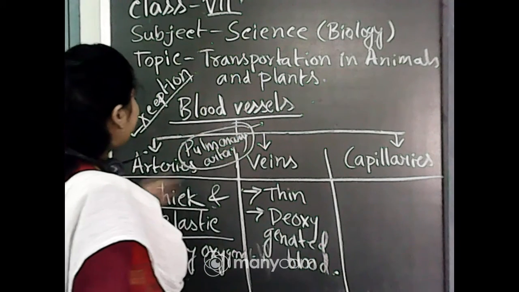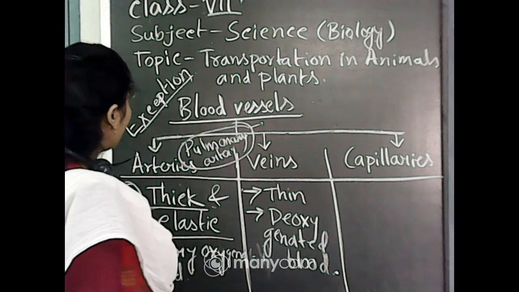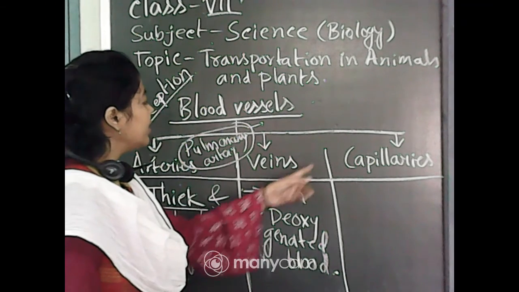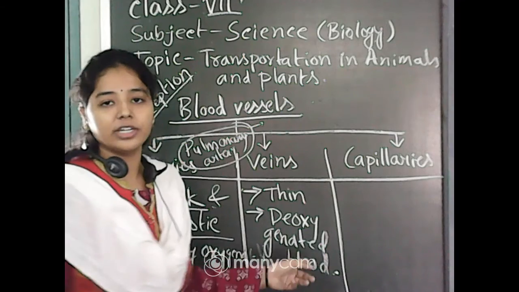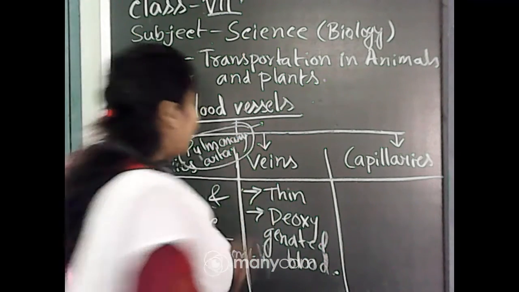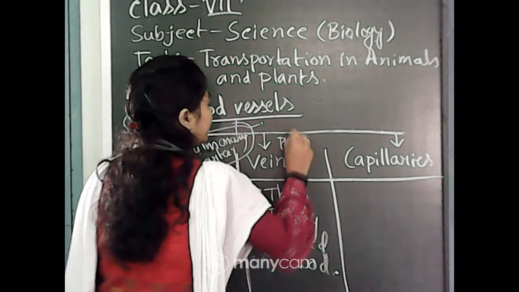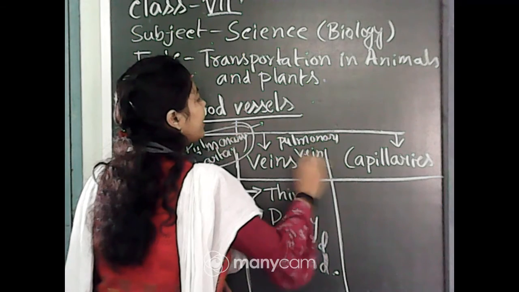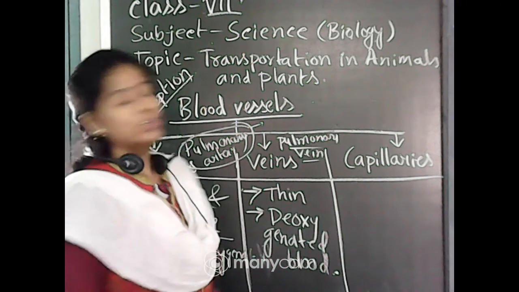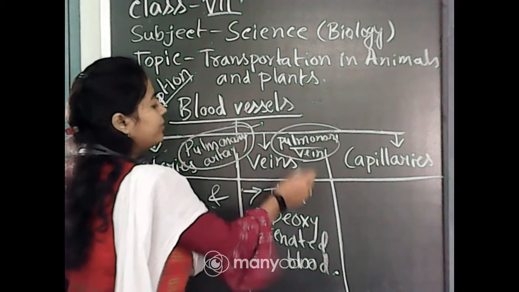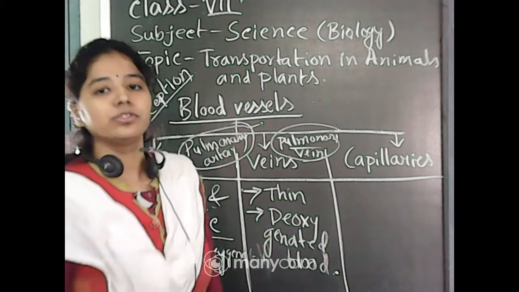We have seen that the pulmonary artery does not carry oxygenated blood, it carries deoxygenated blood, but the main function of veins is to carry deoxygenated blood. But there is another exceptional vein, the pulmonary vein, which carries oxygenated blood. So these two are the exceptions, the pulmonary artery and the pulmonary vein. They do just the opposite.